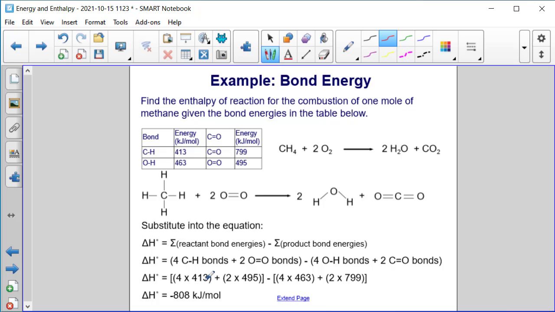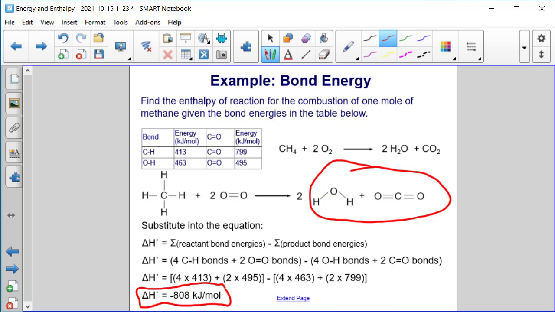Okay, so 4 times 413 plus 2 times 495 minus 4 times 463 plus 2 times 799. We get an overall negative 808 kilojoules per mole. So that means overall, the energy released from the products is greater than the energy required to put in to the reactants.